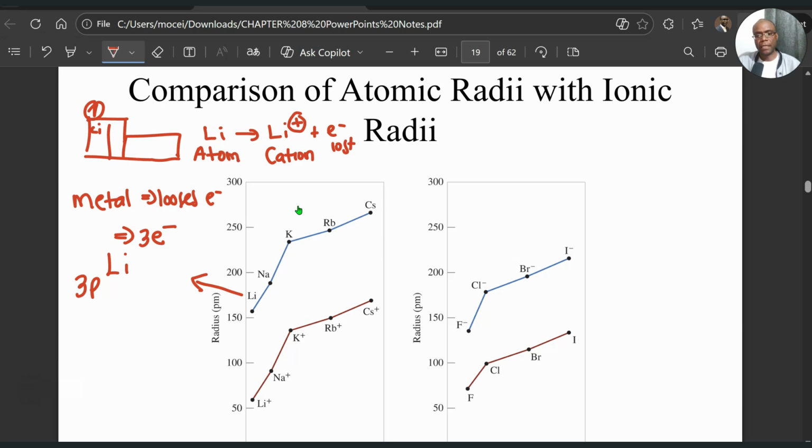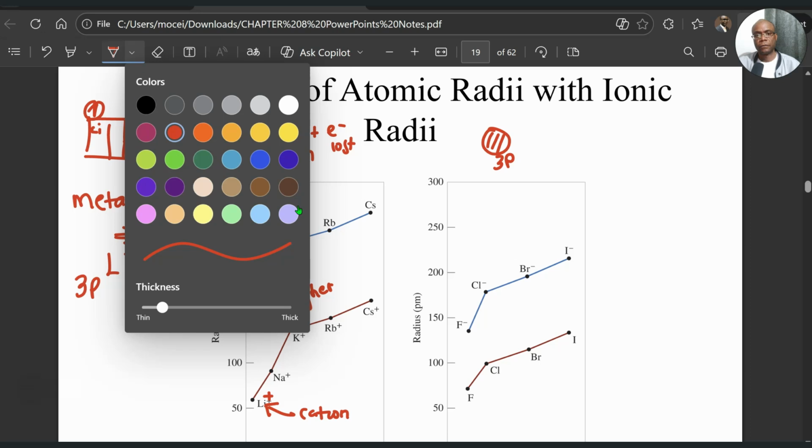Lithium before was an atom. So you're comparing here the atomic radius of lithium, which seems to be higher than the radius of the lithium cation. What caused the drop? Here is the illustration. You have 3 protons. Remember, the number of protons is not changing.